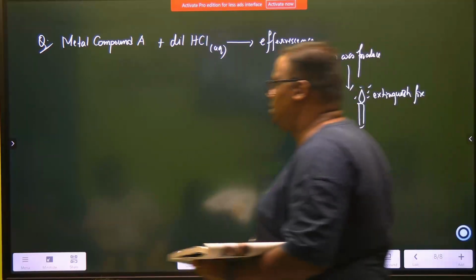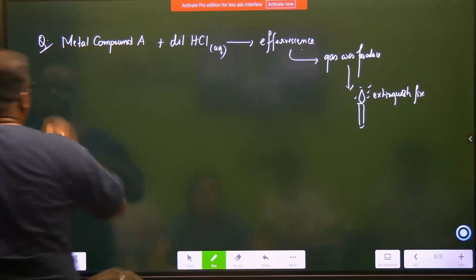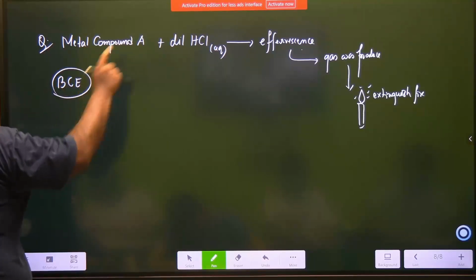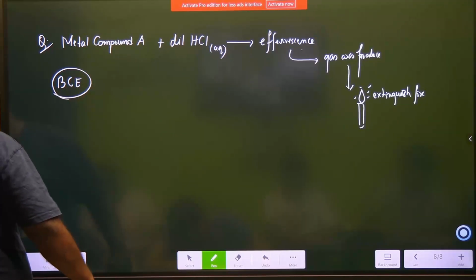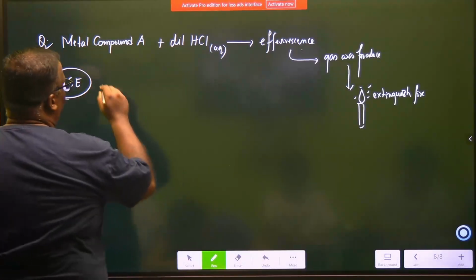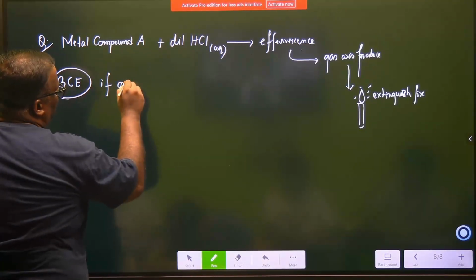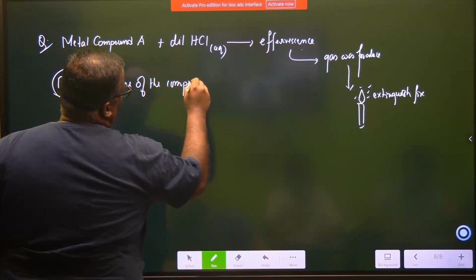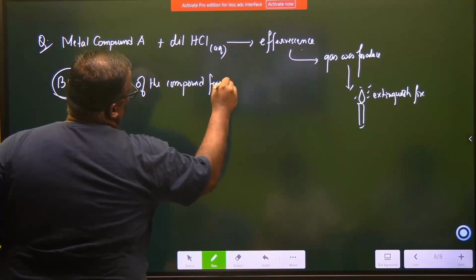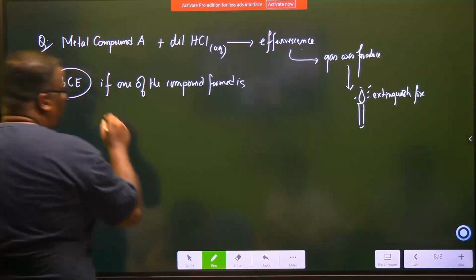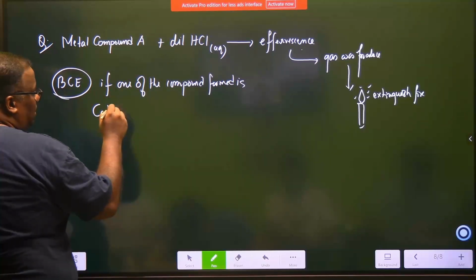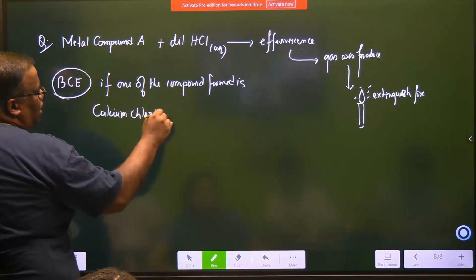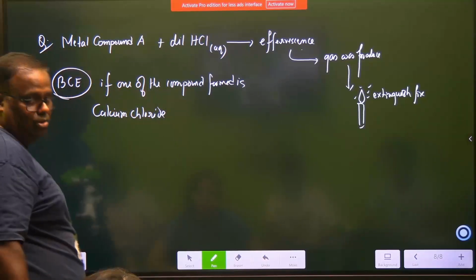What you need to do is write a BCE, which is a balanced chemical equation for this entire reaction, if one of the compounds formed is calcium chloride. Deliberately, children, I am not writing the formula of calcium chloride, so we want to test you on that also.